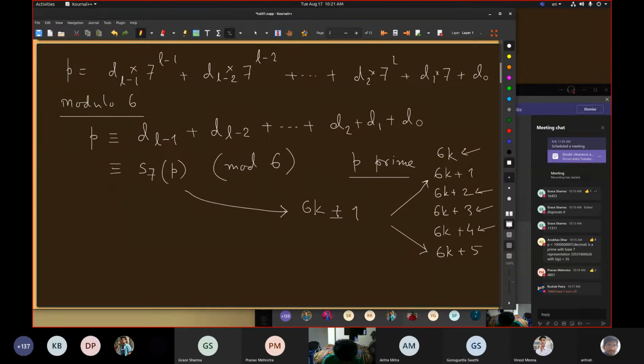So if I now look at small values of 6k plus minus 1, these will be 5, 7, 11, 13, 17, 19, 23, and then 25. So a large number of numbers in this 6k plus minus 1 sequence are all primes.